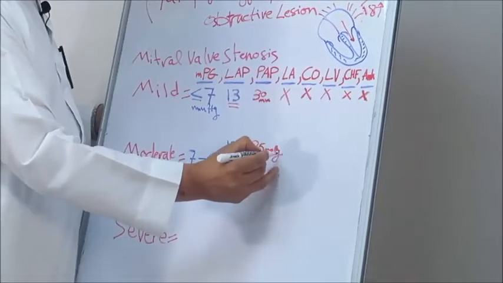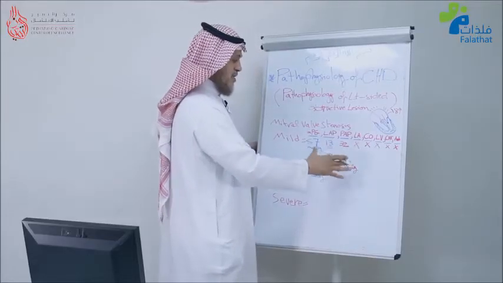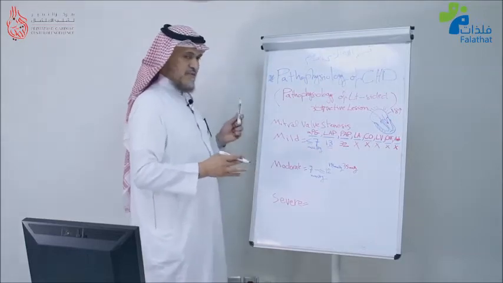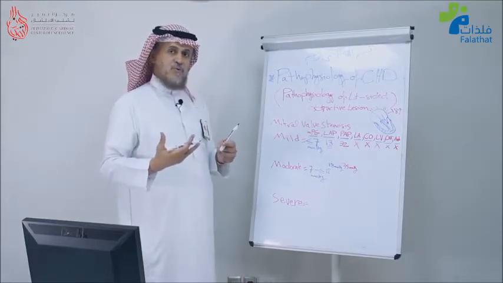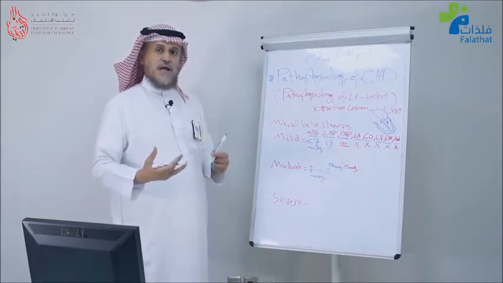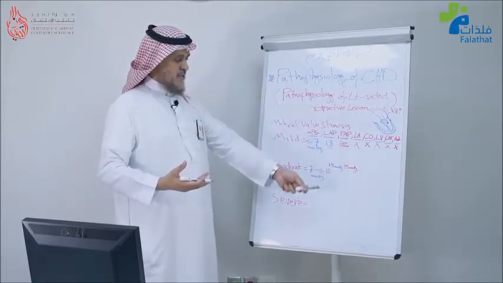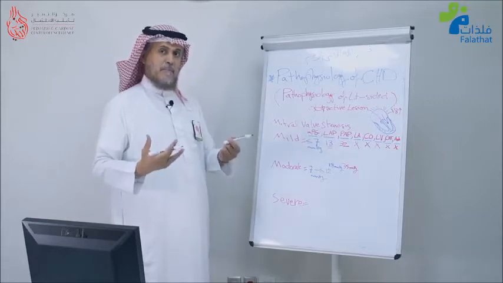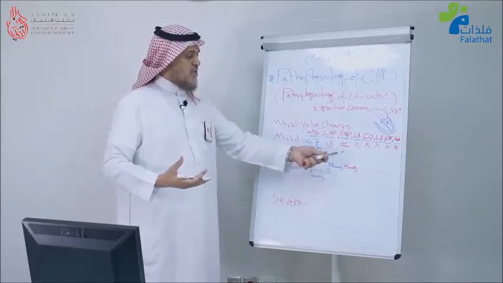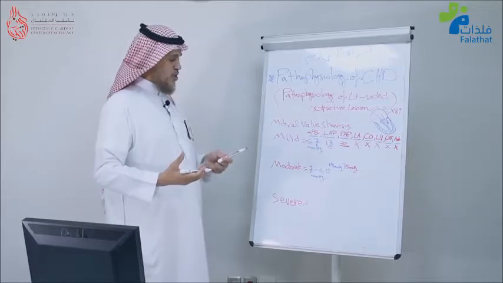You see? Now we are in the moderate PA pressure, knowing that a mean of 50 in the pulmonary artery pressure is considered high or severe. So normal is around 20, high is around 50, mean PA pressure, a mean is around 35 pressure.